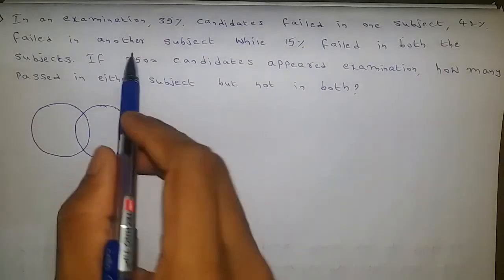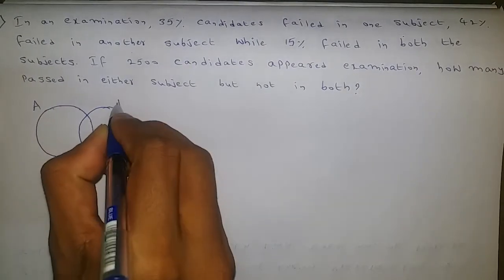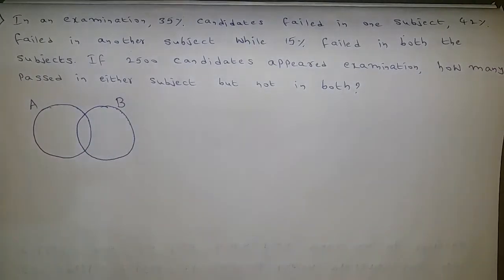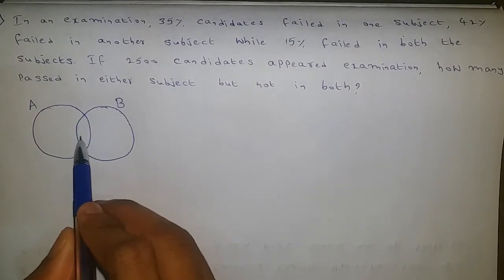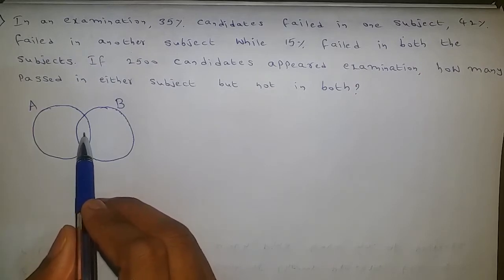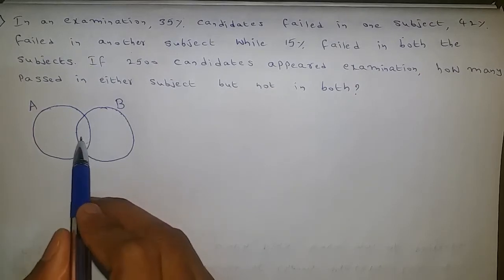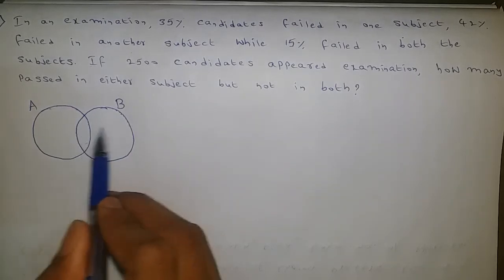One subject I am taking as A and the second subject as B. The part where both circles are touching is common to both circles. So this part indicates the students who failed both subjects.